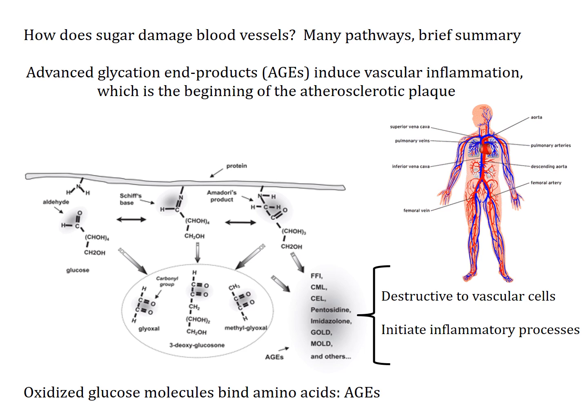So what is an AGE? Very simply, an AGE is glucose binding to some type of nitrogen-containing protein on a blood vessel. And you can see all the chemical reactions going on in there. I'm not going to hold you to that.